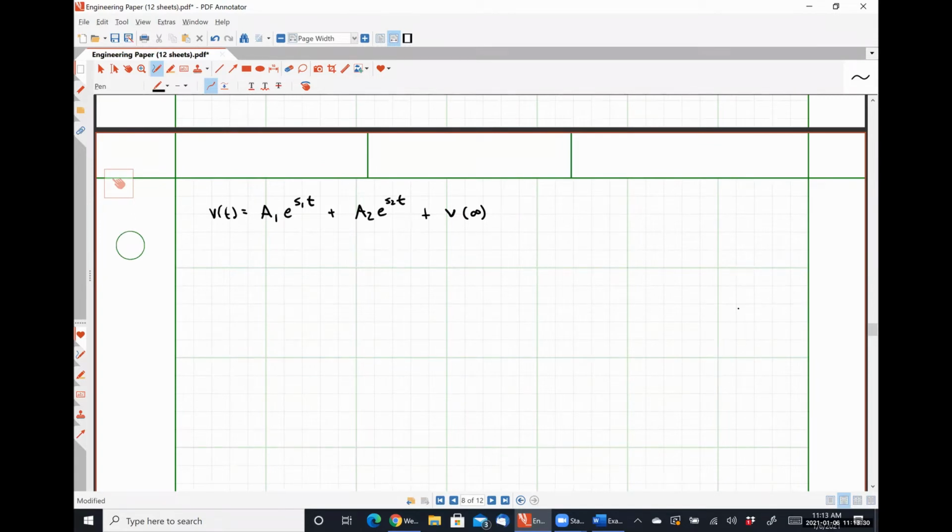So I guess one thing that we should do real quick is calculate S1, which is negative alpha plus the square root of alpha squared minus omega naught squared. So that is negative 1,000 plus the square root of 1,000 squared minus 400 squared, which is negative 83.485. Sorry, not volts.